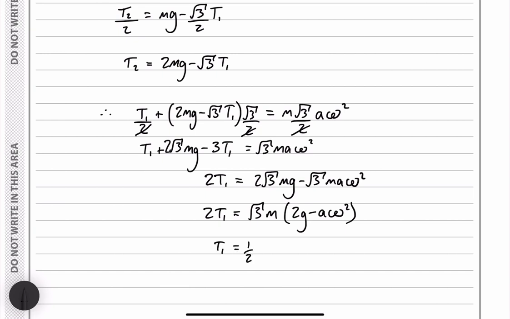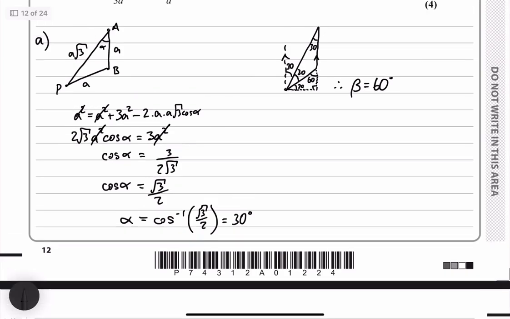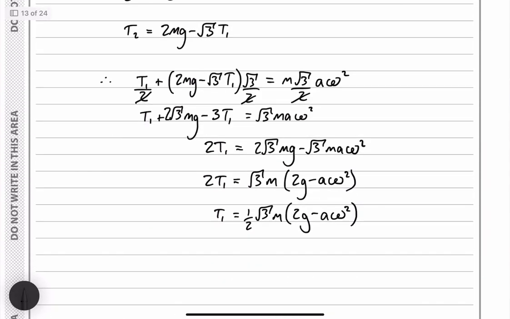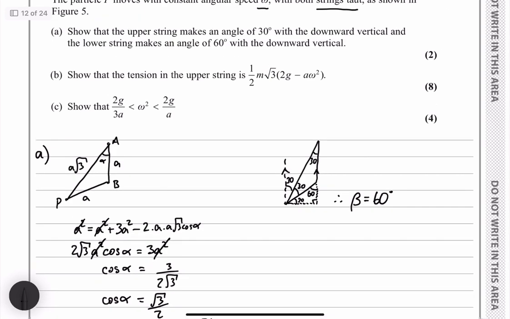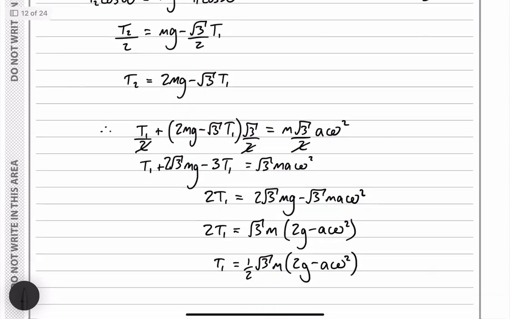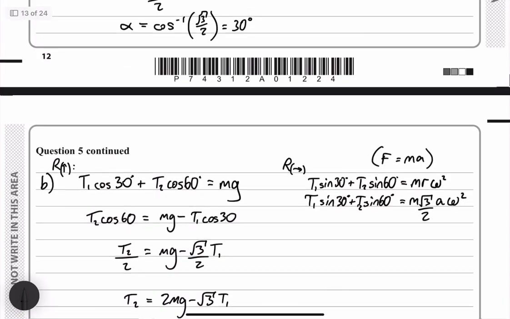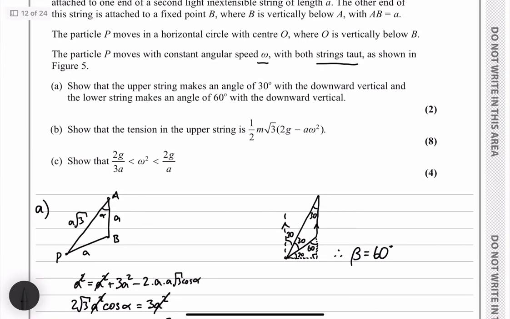So we've got a half root 3m, 2g minus a omega squared, and hopefully that matches what we needed. Half m root 3, yes. 2g minus a omega squared, yes. Except they've written m first. There we go. T1, the tension in the upper string.